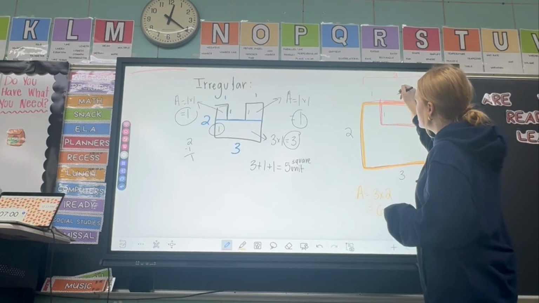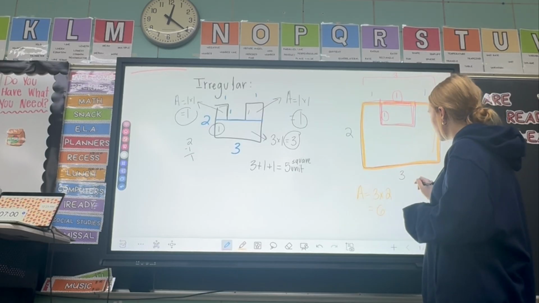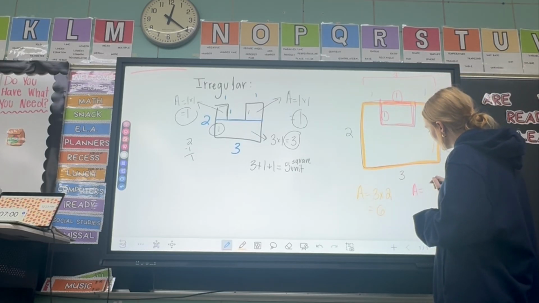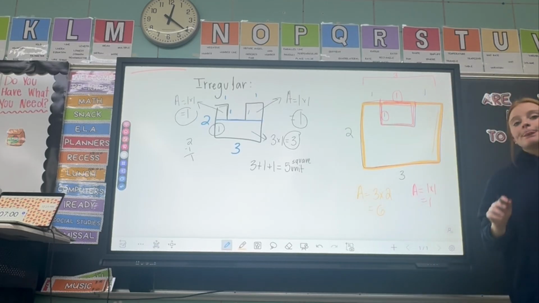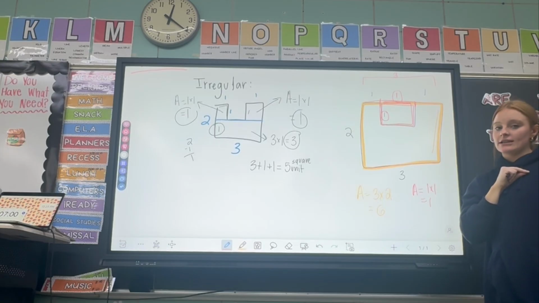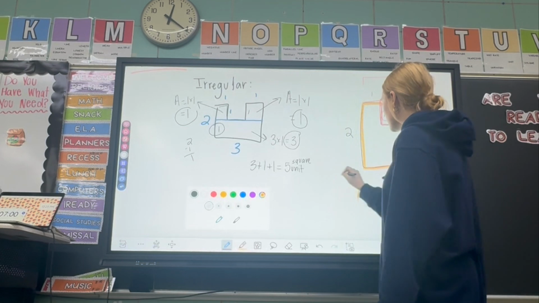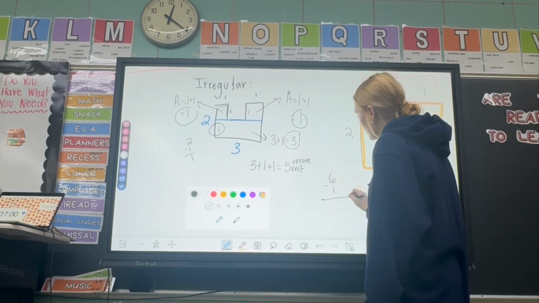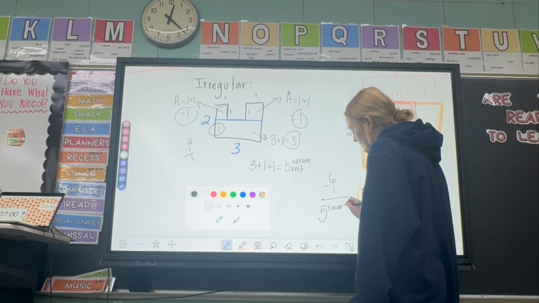That's also going to equal 1. And so I was given the width, I have the length, so area equals 1 times 1, so it's going to equal 1. Now I have to delete this piece or subtract it. So I'm going to go right here, and I'm going to go 6 minus 1 equals 5 square units.